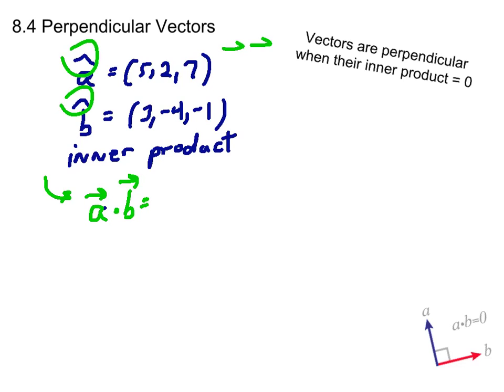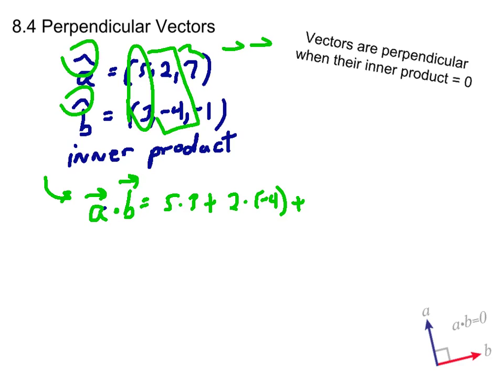You take your x values and multiply them, so we have 5 times 3. Plus we take our y values, which is 2 times -4. And we do the same thing with our z values, 7 times -1. Let's see what we get. 15, -8, -7.